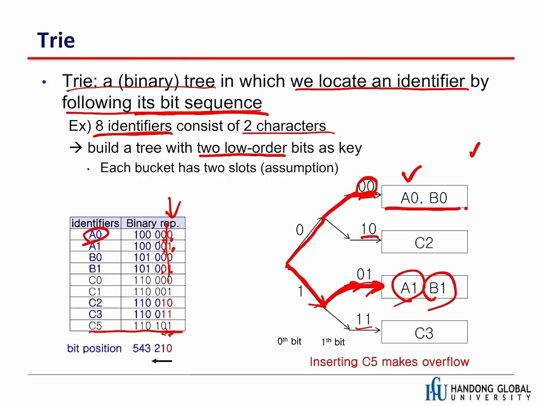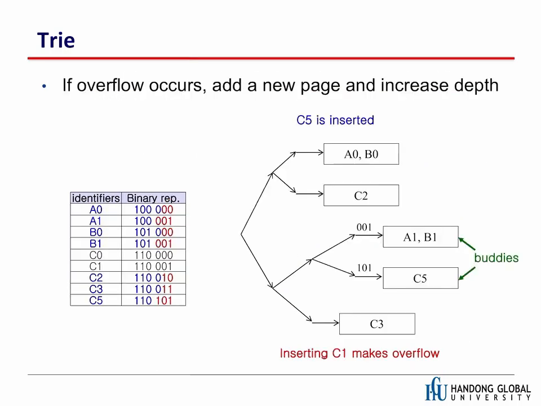Since this is a trie tree, we can easily handle these overflow problems like this. Originally we had just 1 bucket here, a bucket with a1 and b1, right? Now when we have an overflow, we take 1 step further, breaking this bucket into 2 buckets.